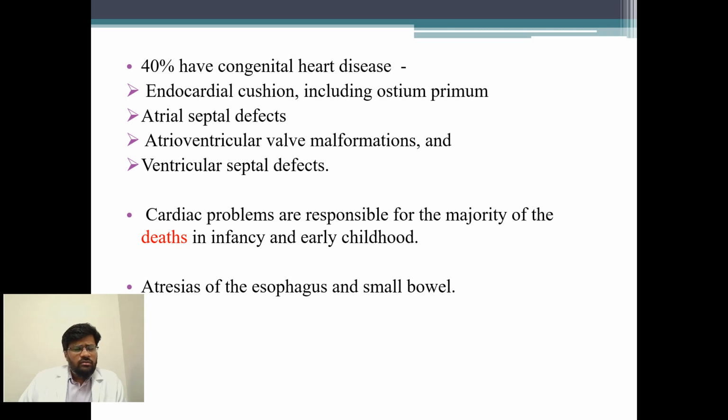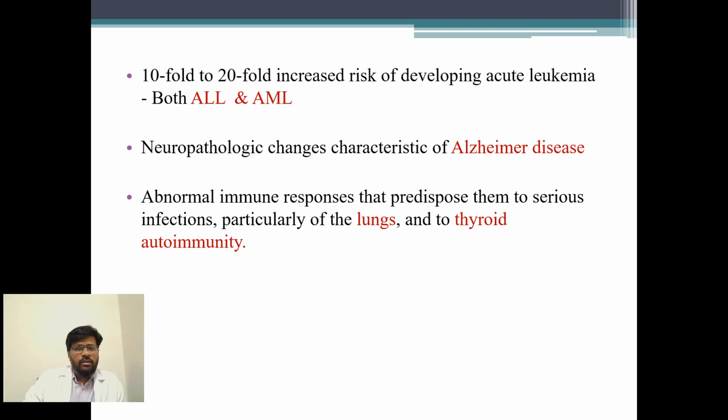And in the GIT also, we can see a few defects, that is atresia of the esophagus and small bowel. And we can see acute leukemia, with a 10 to 20 times increased risk in these patients when compared to normal people. That is AML and ALL, acute myeloid leukemia and acute lymphoid leukemia.